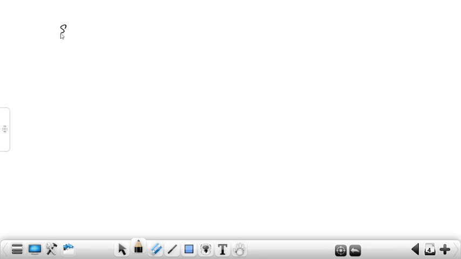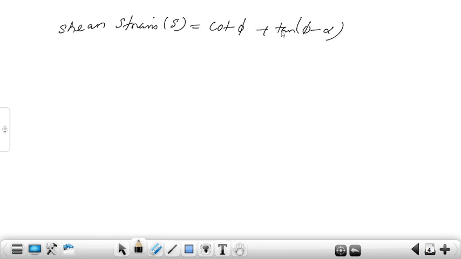So given, we know shear strain S is equal to cot phi plus tan of phi minus alpha. Alpha is the rake angle. So given alpha is equal to 0, we can write cot phi plus tan phi.